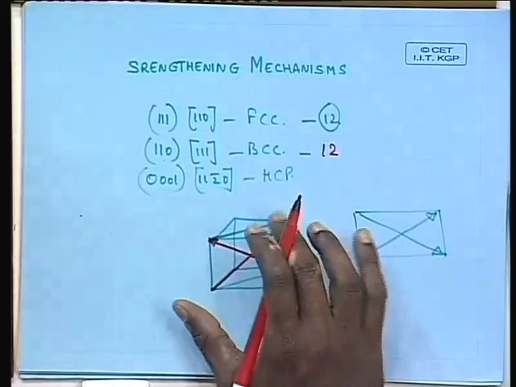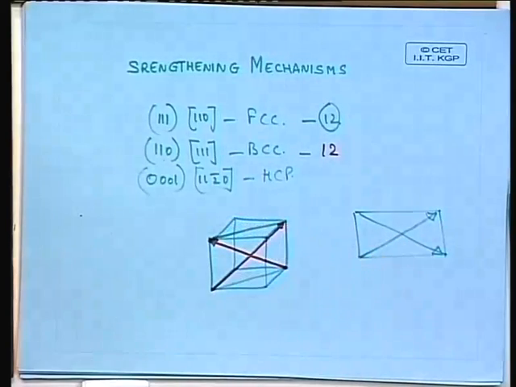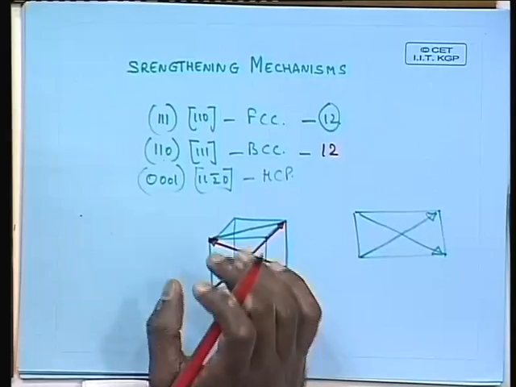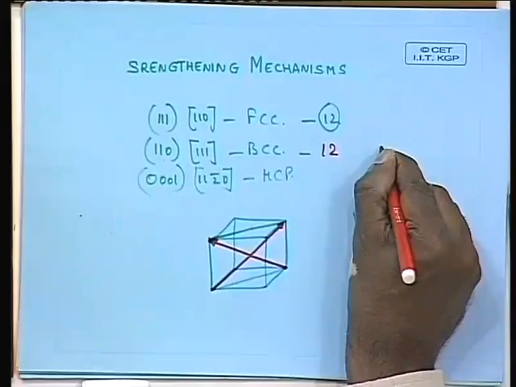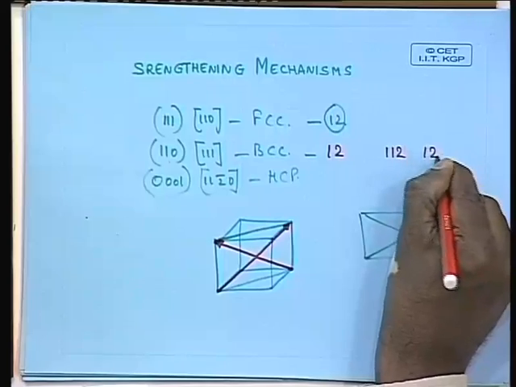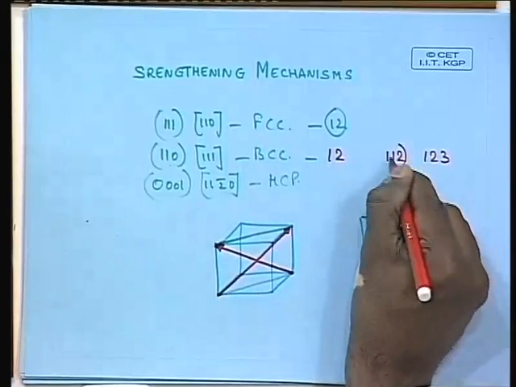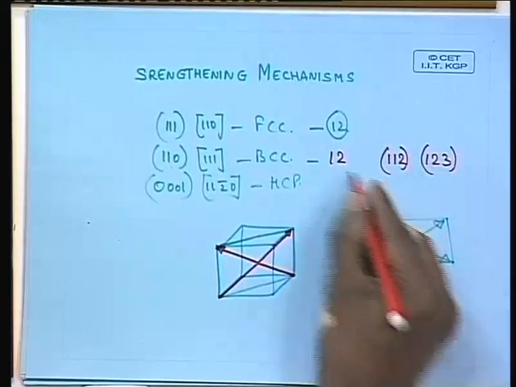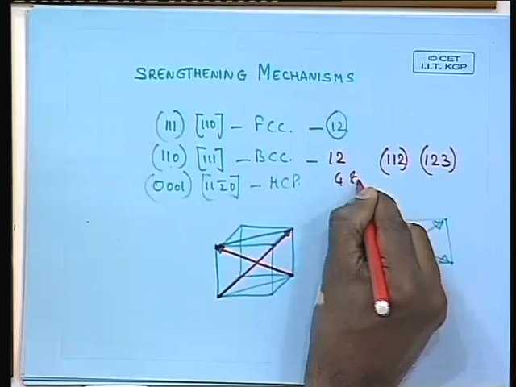But because these planes are not very close packed, and the directions are also not very close packed when compared to the FCC system, we can also consider other slip systems which are not equally close packed, but close packed to an extent similar to the 110 type of planes, and those are the 112 and 123 planes. If you consider those planes also, then in total you end up with 48 slip systems.